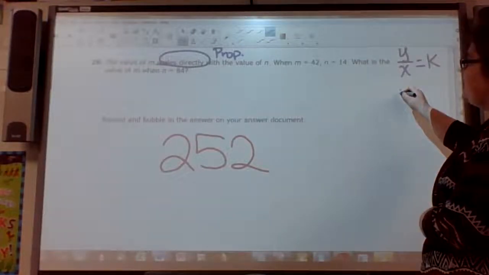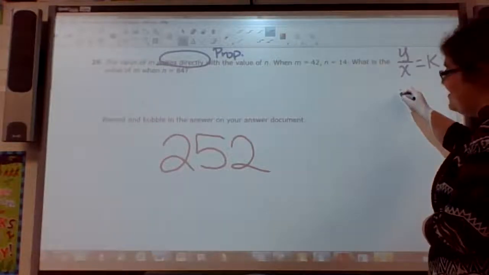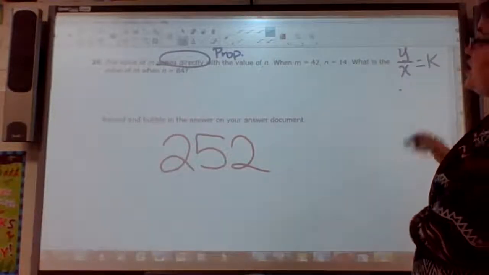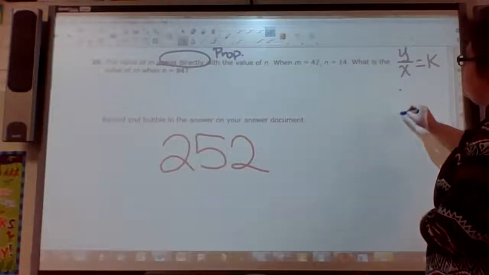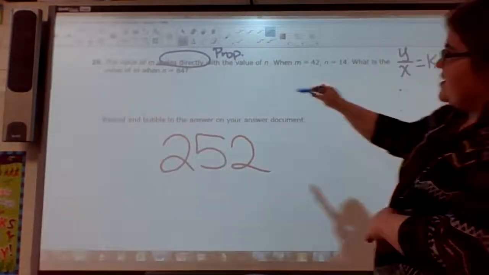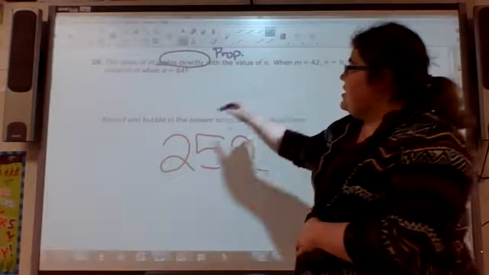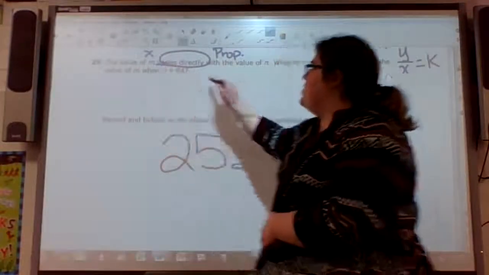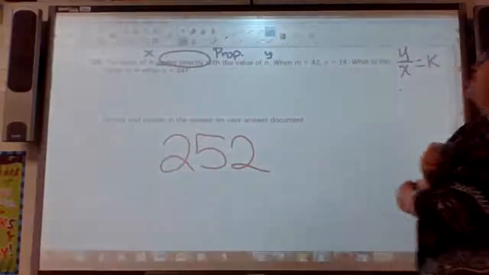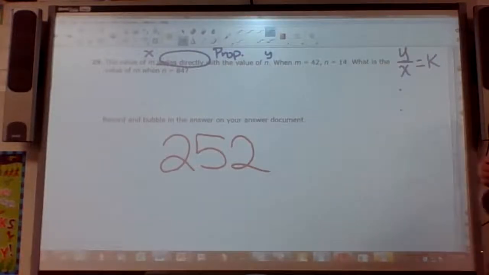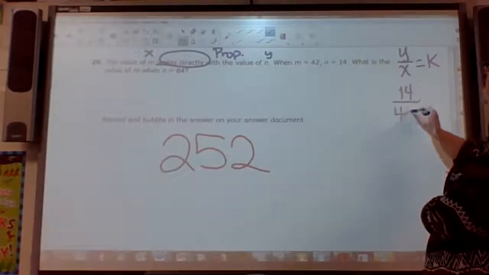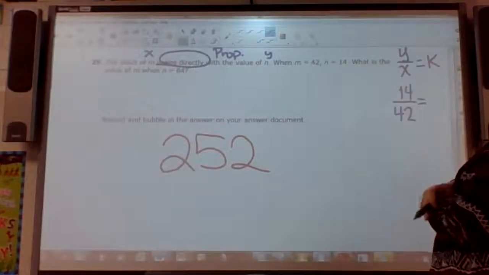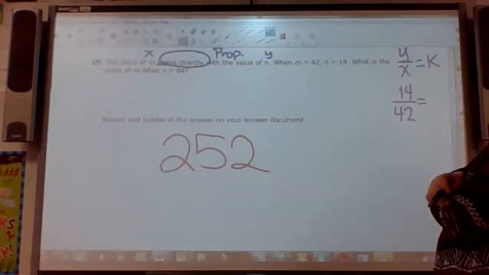So that means, why don't they use x and y? This is one I'm having an issue with. Okay. So when it says m varies directly with n, that's the same as saying when x varies directly with y. So my y is n. So 14 divided by 42. That is going to give this to me.